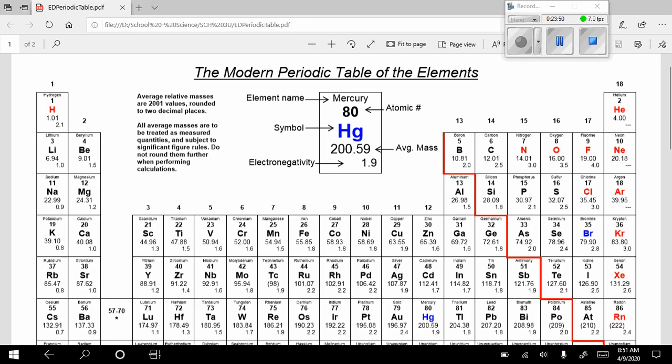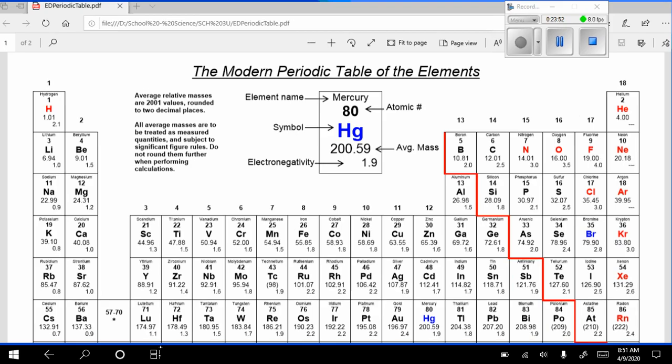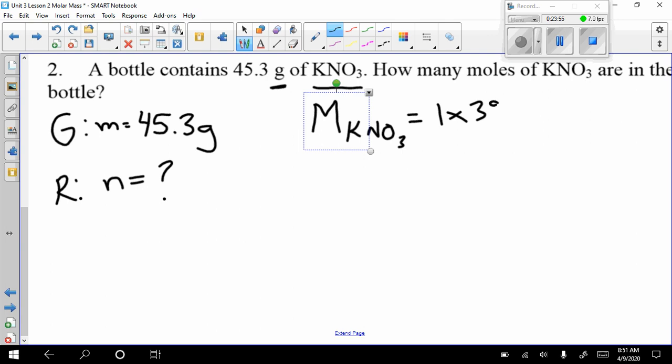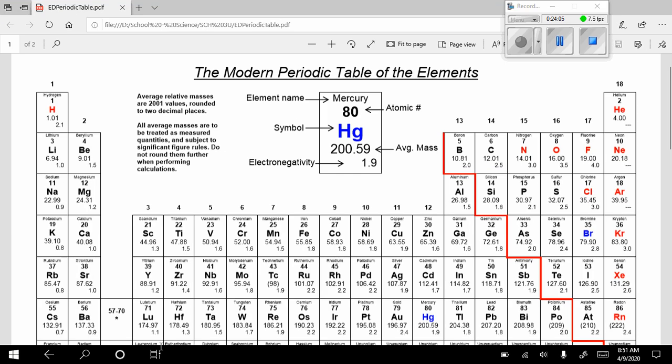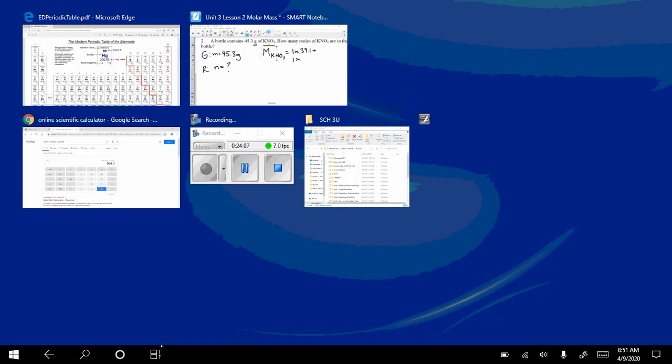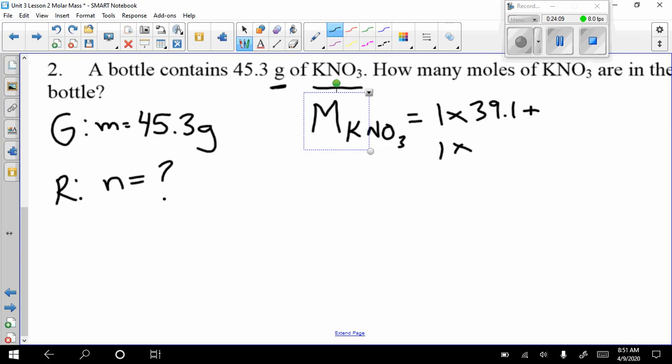Potassium is 39.1. 1 times 39.1 plus, and there's 1 nitrogen, 1 times, look it up, nitrogen is 14.01. 1 times 14.01 plus, and then there are 3 oxygens, so 3 times 16.